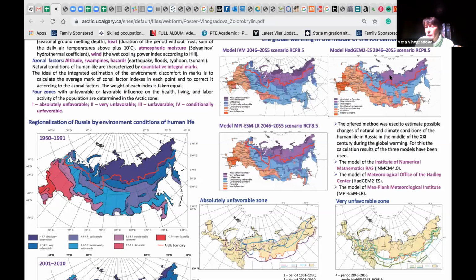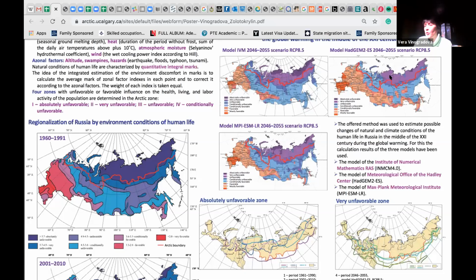The RCP 8.5 scenario has been used for the period 2046-2055. The maps show the shift of the southern boundary of the absolutely unfavorable and very unfavorable zones, and the regionalization of Russian territory by environmental conditions of human life. As a result of the model warming, you can see a significant reduction in the territory with absolutely unfavorable conditions in the western and eastern parts of the Russian Arctic.